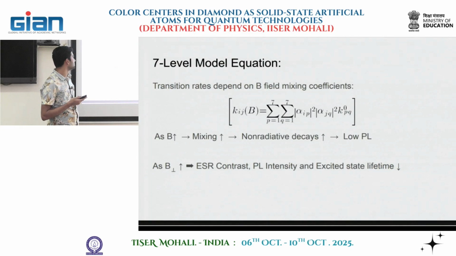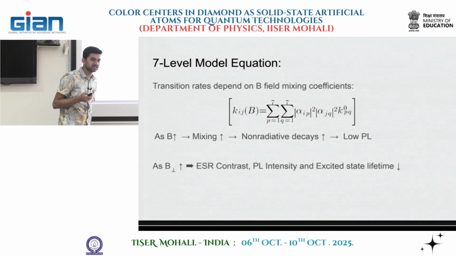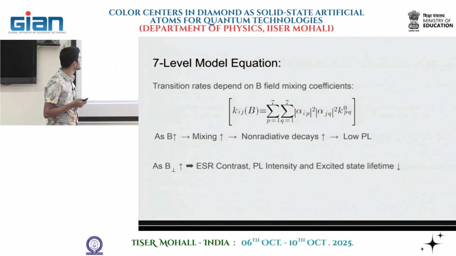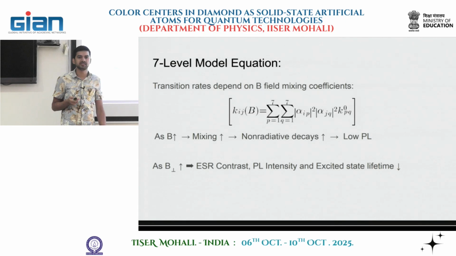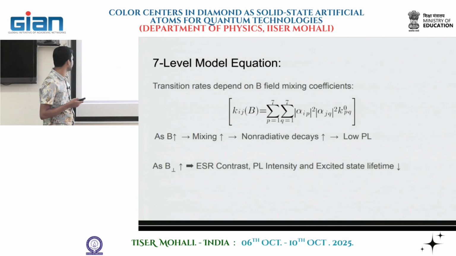So this is the 7-level model equation for our system, which we are trying to propose here. Not going into the details, when you solve the rate equations here, you will see, and we will also discuss in the data, that when we increase the magnetic field, the spin state mixing will increase, the non-radiative decays will also increase, and this will decrease the photoluminescence intensity.